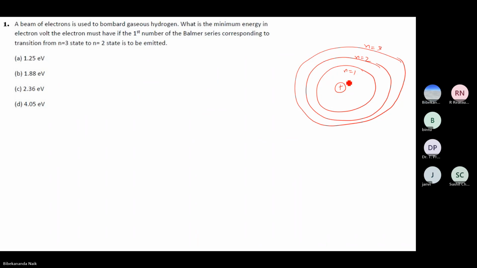So what are the energy values of those energy levels? For n equal to 1, we have E1 is minus 13.6 electron volt. E2 will be minus 13.6 divided by 2 square. Why?